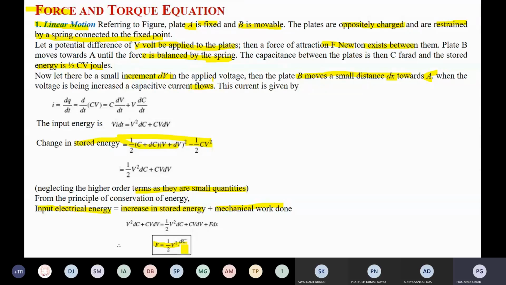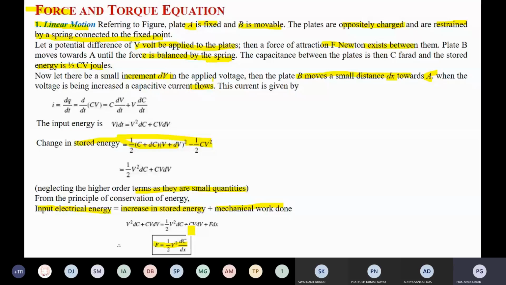Since the deflection is proportional to the square of the voltage to be measured, the instrument can be used for both DC and AC. The instrument exhibits a square law response, hence the scale is non-uniform or non-linear. Here theta is deflection, k is your spring constant, and Tc equals k theta.